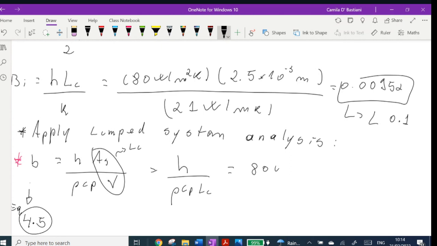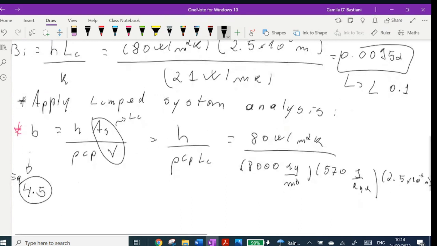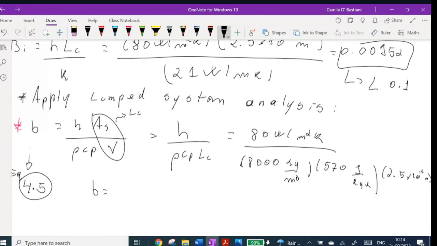So 80 watts per meter square Kelvin divided by 8,000 kilograms per cubic meter, 570 joules per kilogram Kelvin, 2.5 times 10 to the minus 3 meters. So our value for B is 0.00718 second to the minus 1.